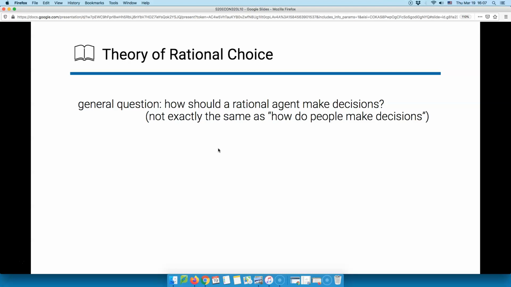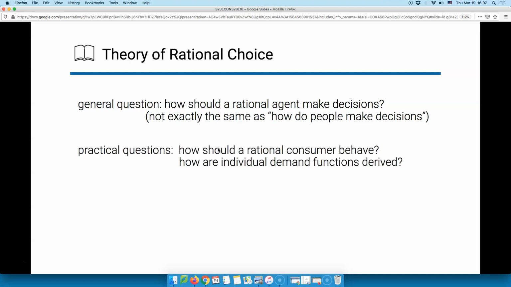And the reason we're working with this rational agent rather than a human being is that if we want to say something about the actual decision making of actual people, we need to judge it against the best case scenario. So we'll talk about the best case scenario today, and then next time you want to say that people are irrational, you'll have an ideal decision maker against which you will be comparing people's decisions.